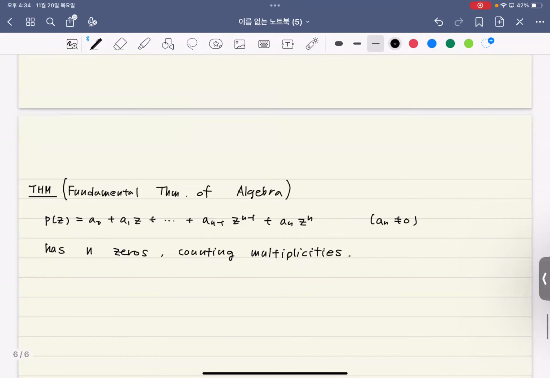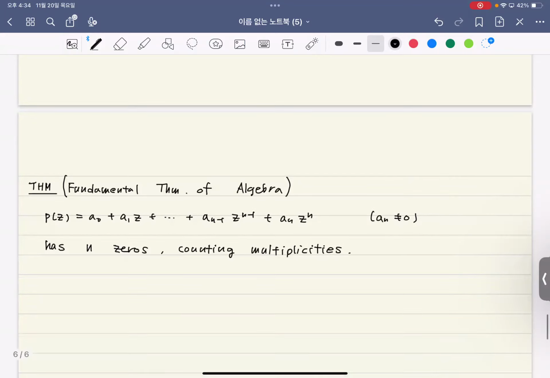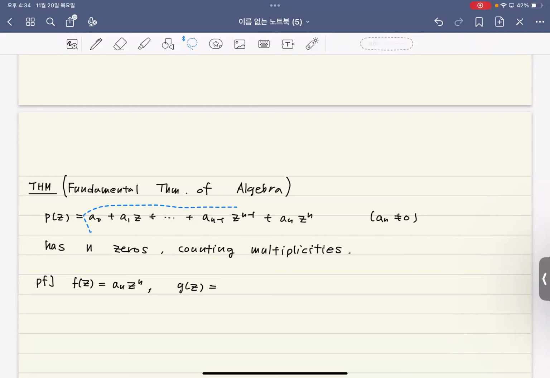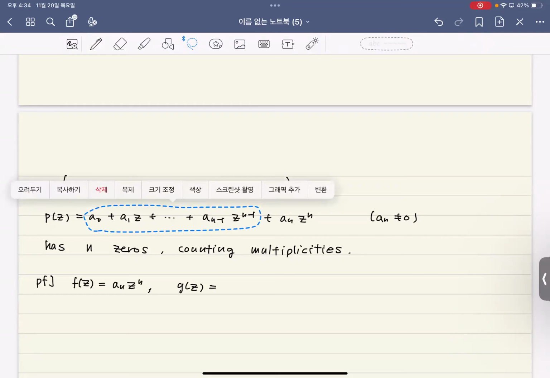Okay, so in order to use Rouché's theorem, I will need to somehow invent some clever breakdown of this function into a sum of two different functions. And I believe f of z is a_n z^n, and g of z is the remaining terms.